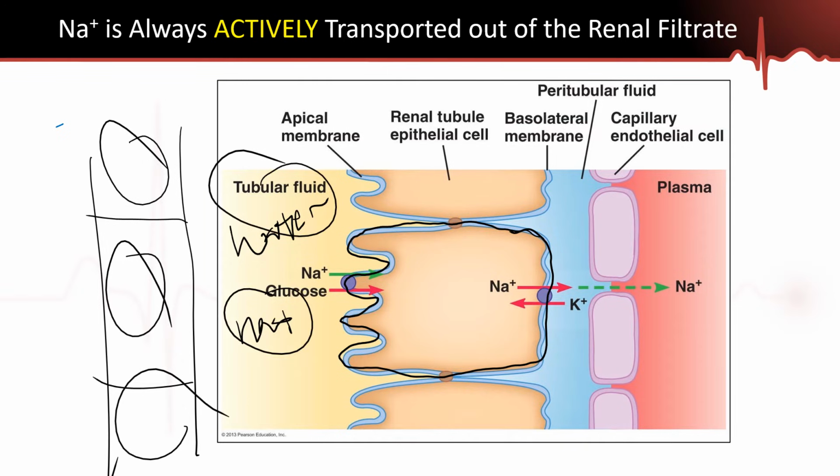So the point is, if you want to get water or you want to get sodium from the lumen of the nephron out of the nephron and back into the bloodstream, you have to get water and sodium past these cuboidal epithelial cells, because the cuboidal epithelial cells are what line the nephron. Well, that seems problematic, doesn't it? Because to really get water and sodium past these cells, what that really means is you have to get water and sodium past the plasma membrane of these epithelial cells to actually get it back out into the interstitial fluid and into the bloodstream.